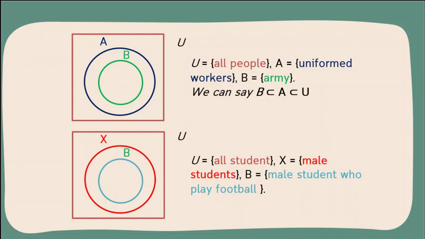Okay, we can see that male students are a subset of all students, and then the male students who play football is also a subset of male students, and that information is what we find in the Venn diagram here. So again, we see how the Venn diagram simplifies really bulky information. So that is how powerful the Venn diagram can be. Okay, so we can see that B is a subset of X, which is also a subset of U.